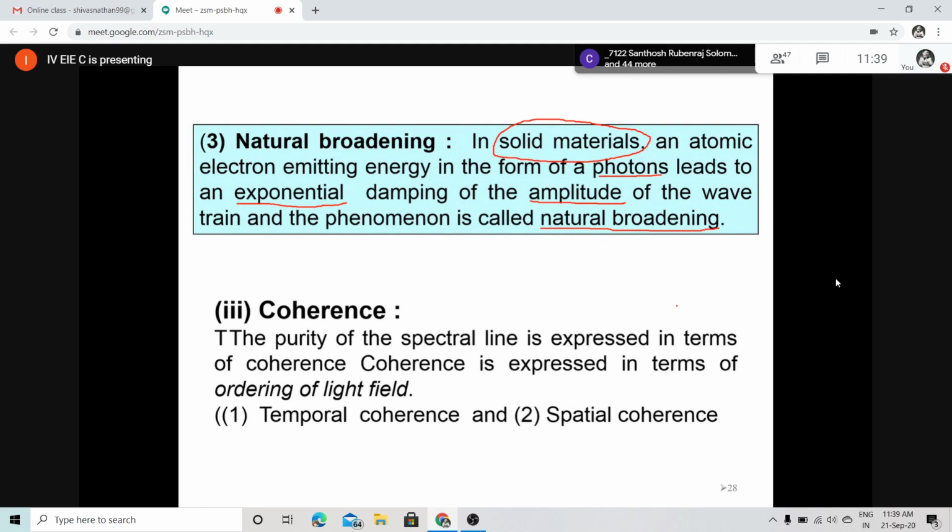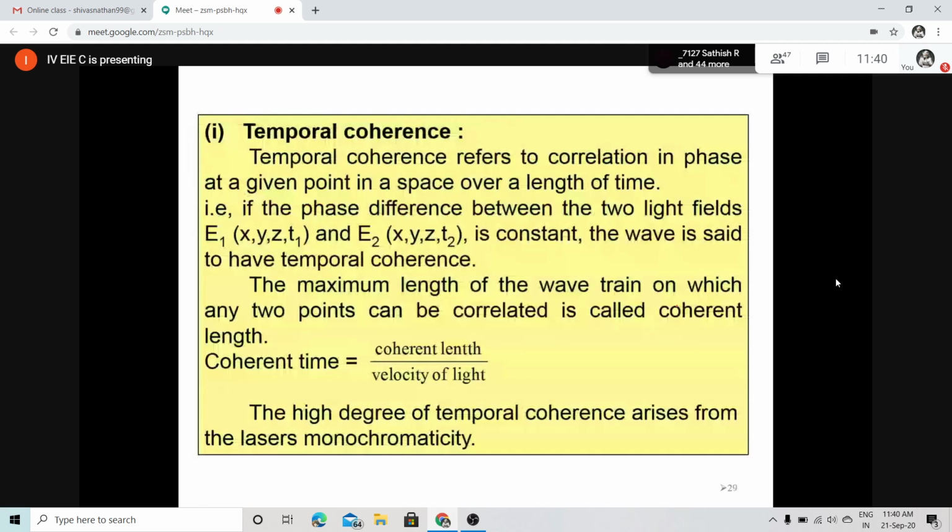Okay, and we call that coherence. To be more precise, we have two classifications of coherence. One is temporal coherence, and the other is spatial coherence. Clear?